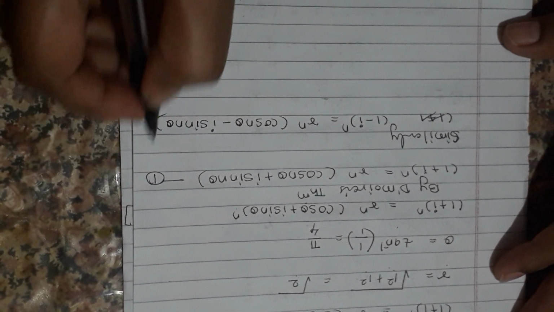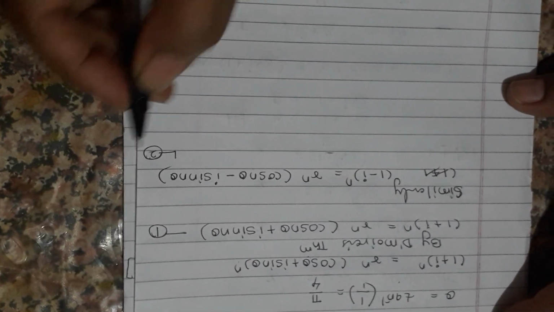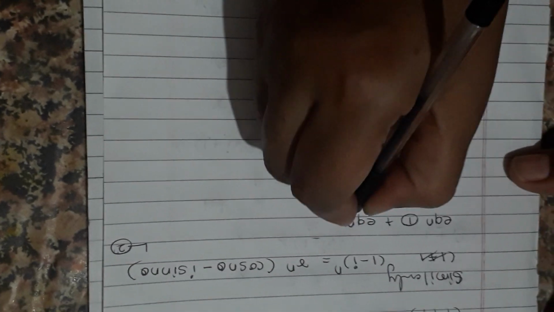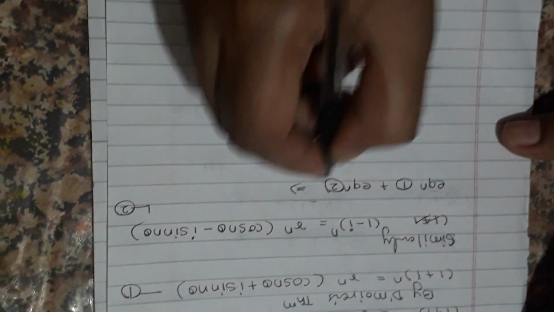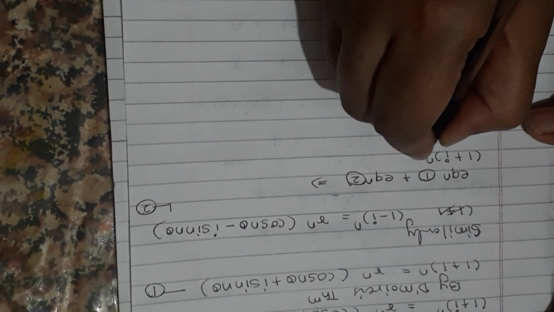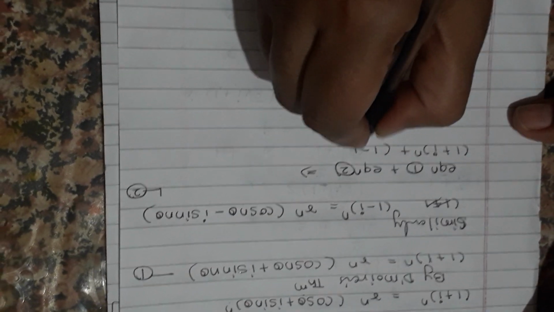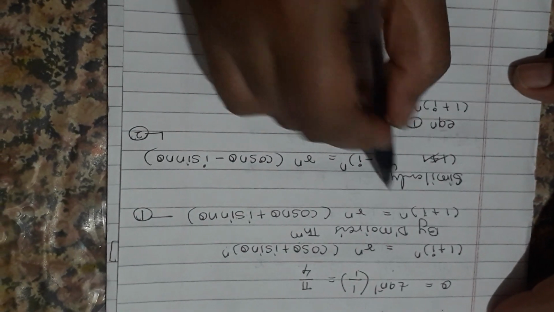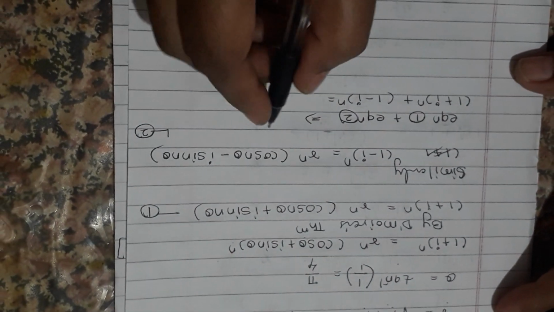Suppose that is your equation number 1, that is your equation number 2, and we add equation 1 plus equation 2. What does that imply? That gives (1 plus i) raised to n plus (1 minus i) raised to n, that is equal to, now when you add the LHS, we have to add the RHS.